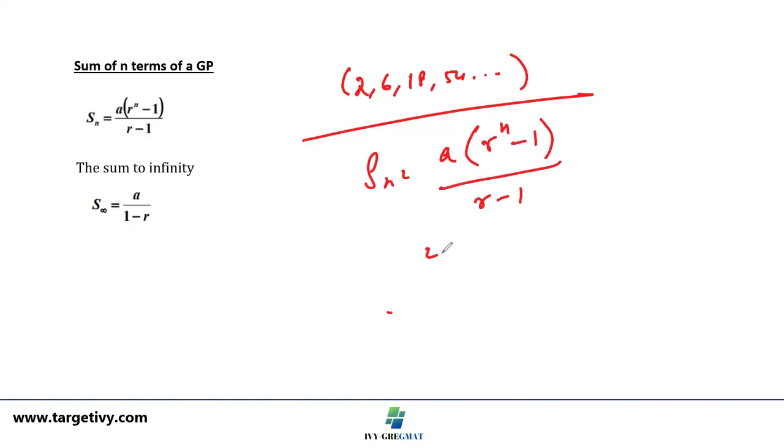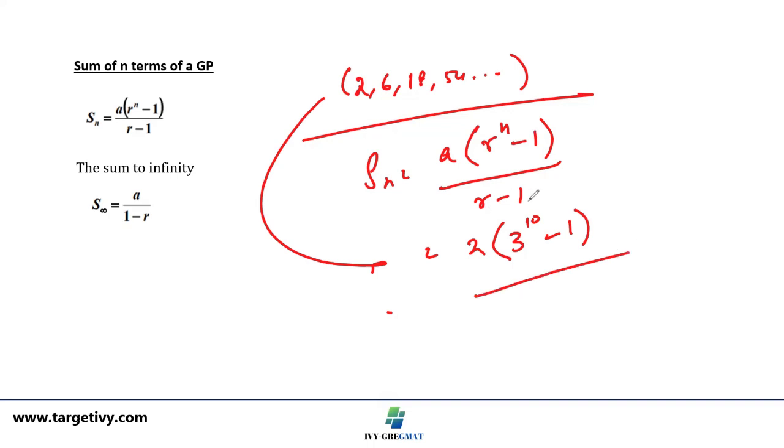So in this case, this will be 2 into 3 to the power n, say first 10 terms, minus 1 divided by r minus 1, 3 minus 1. Till infinity, the sum S infinity is equal to a by 1 minus r.